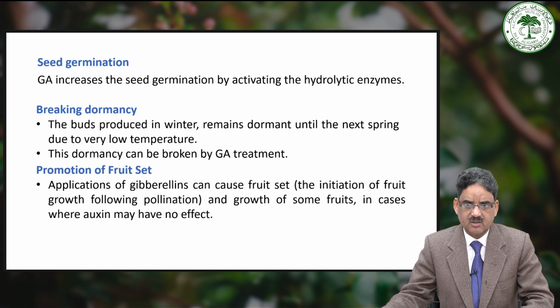Coming to the next physiological role, that is breaking of dormancy. Buds produced during winter often enter a state of dormancy, a period where growth and development are temporarily suspended due to the prevailing low temperature. GA has proven to be a potent agent in breaking this dormancy.